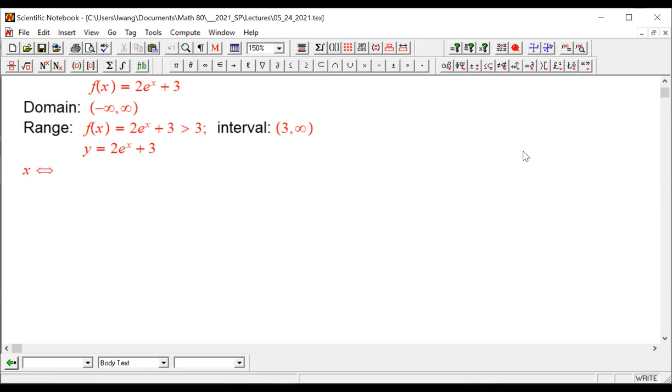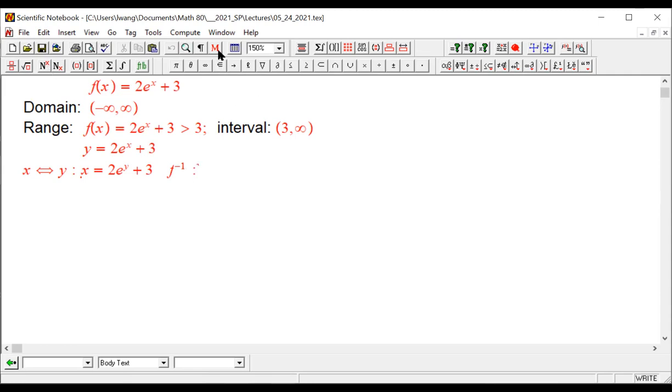These are the steps we're familiar with. We've been consistently doing this: the swap, x becomes y, y becomes x. The swap also caused the swap of the domain and range.